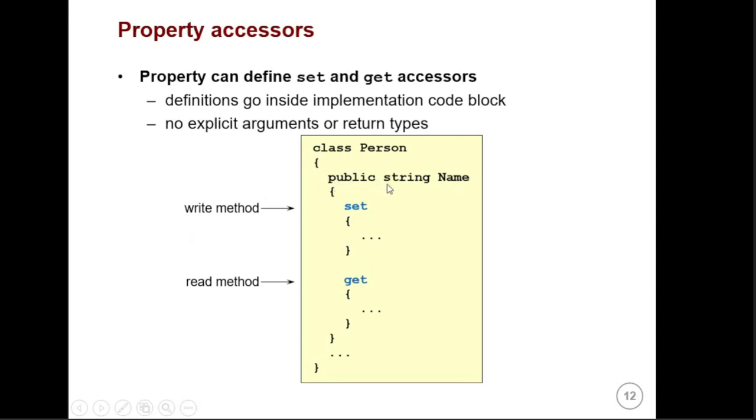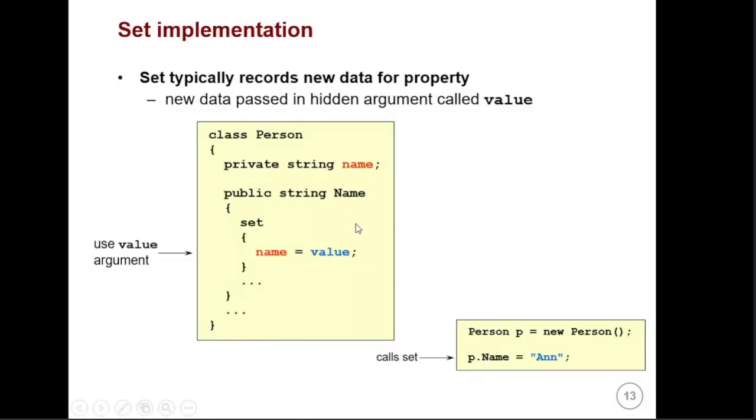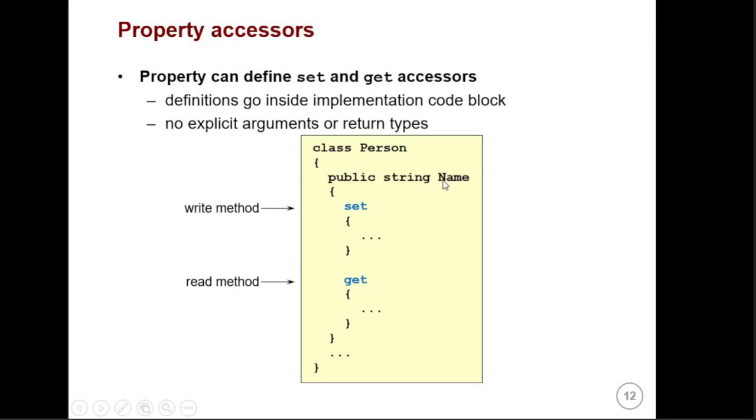So next is your data type, then your property name. Inside your curly block are the keywords set and get, and each of these keywords will also have their corresponding statement block.